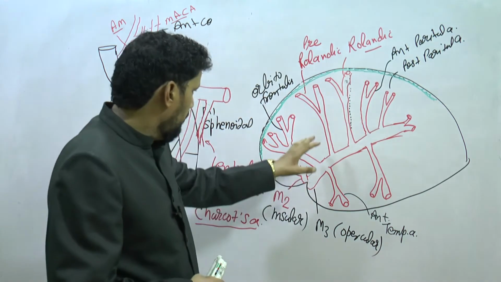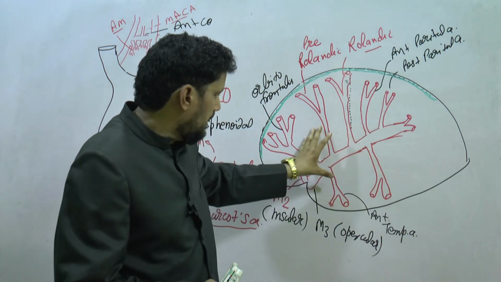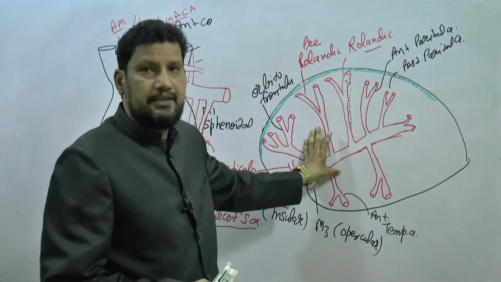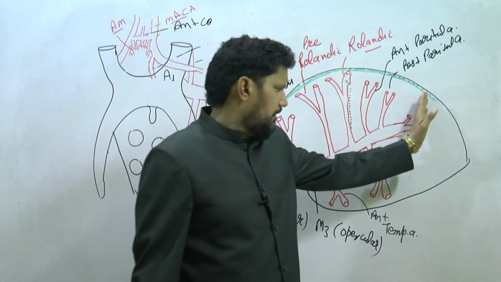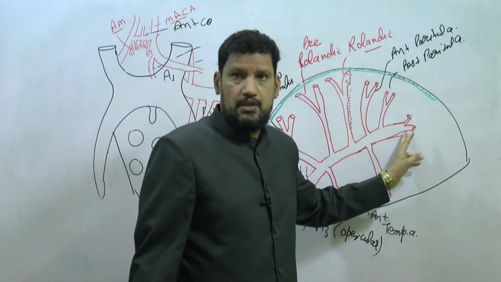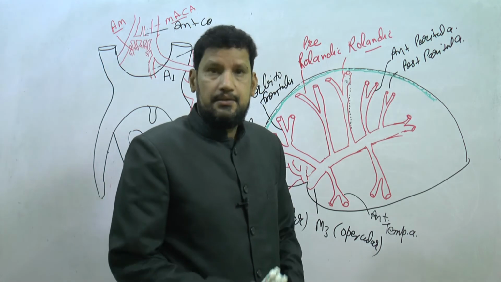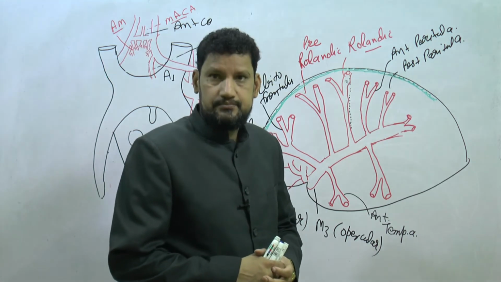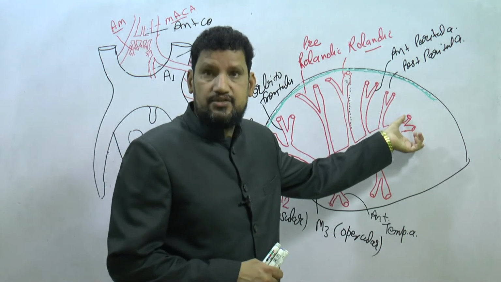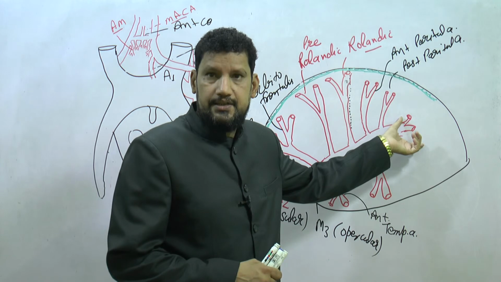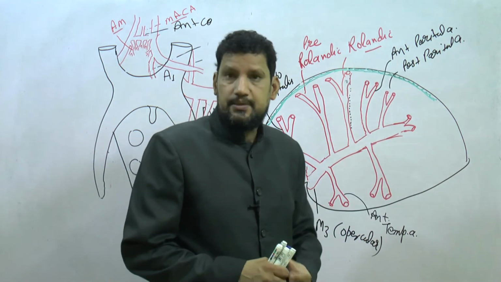So this all area, the lateral part of the hemisphere, is supplied by the branches of the middle cerebral artery. This part behind the angular artery is supplied by branches of the posterior cerebral artery, and this place is the site of anastomosis between the middle cerebral artery branches and posterior cerebral artery branches.